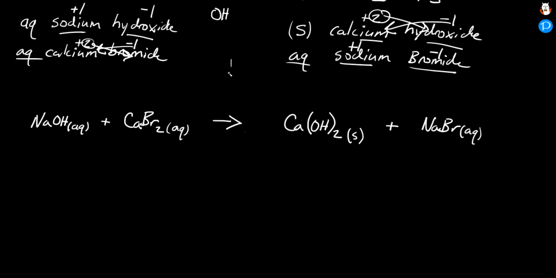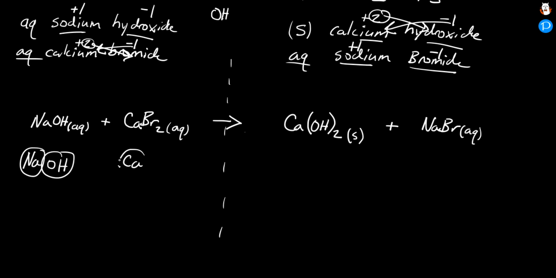Now, one way we can balance it, one way to think of it, is we want the same number of atoms over here as we have over here. One way to think about it is to draw particle diagrams, is what I like to do. So I'm going to draw that I've got for this NaOH, a sodium atom and an OH molecule together.